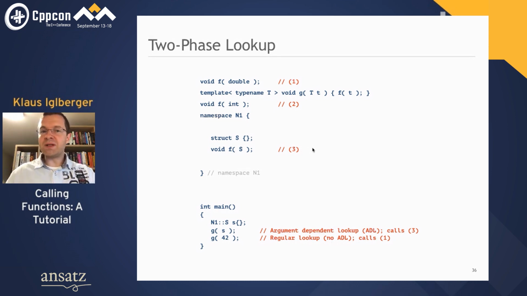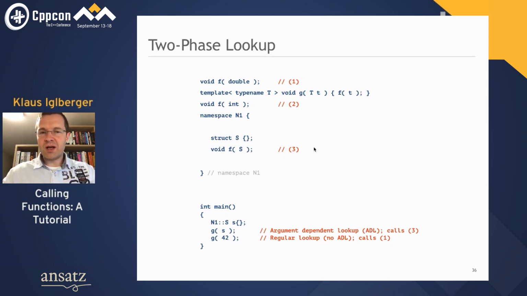Function 2 has not been seen officially at the point where g is defined, so only function 1 is an option. And so this function should ultimately be called. Since g is instantiated only at the point of call, and since therefore there are kind of two phases for looking up things in templates, it's called two-phase lookup. Still, the rules as I've explained them before are in effect.